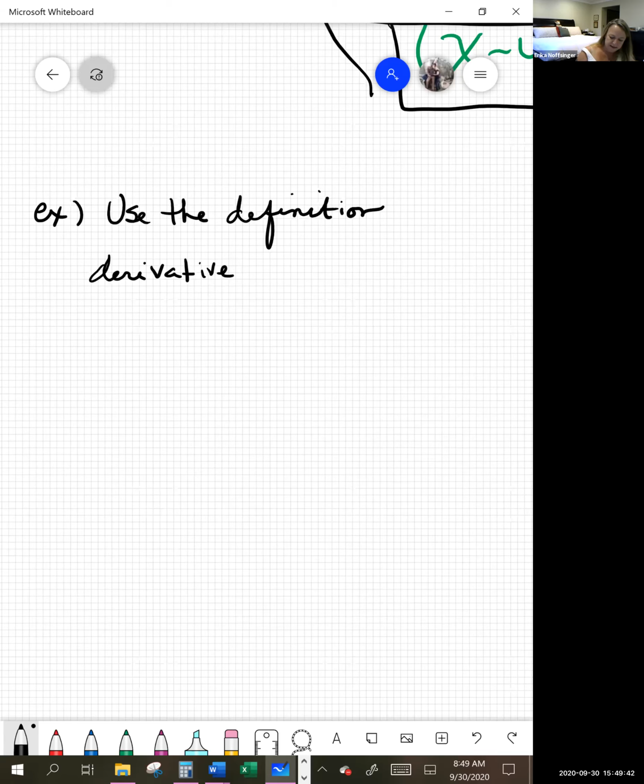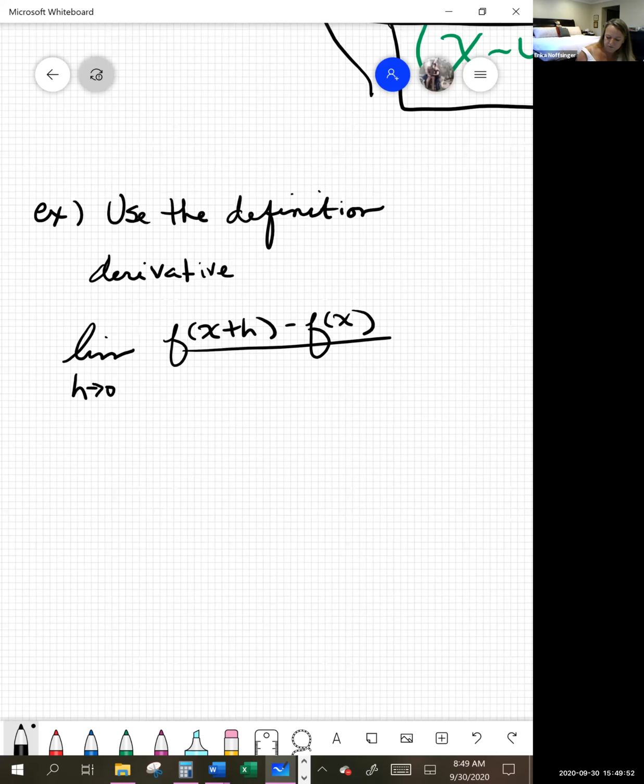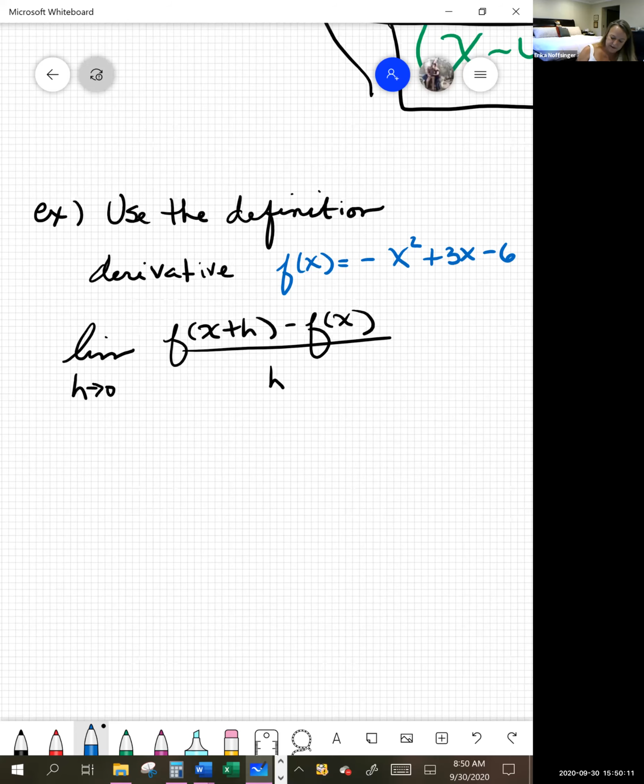So that was the limit as h approaches 0 of f of x plus h minus f of x, all over h. And they give us that our function f of x is negative x squared plus 3x minus 6.